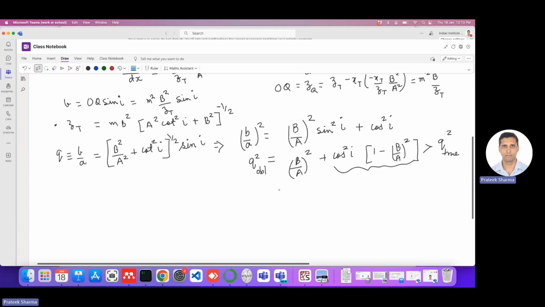That's why we want to do it, because the observable thing is small b by a. What we are really after is the actual three-dimensional shapes of the isophotes, contours of constant mass.